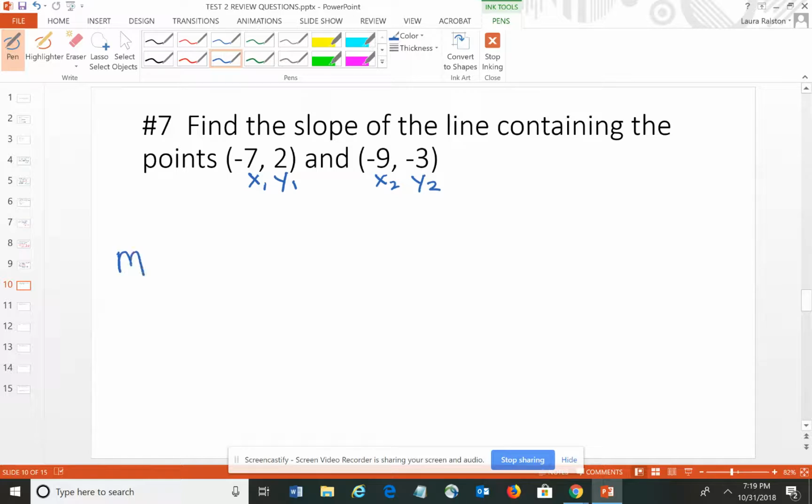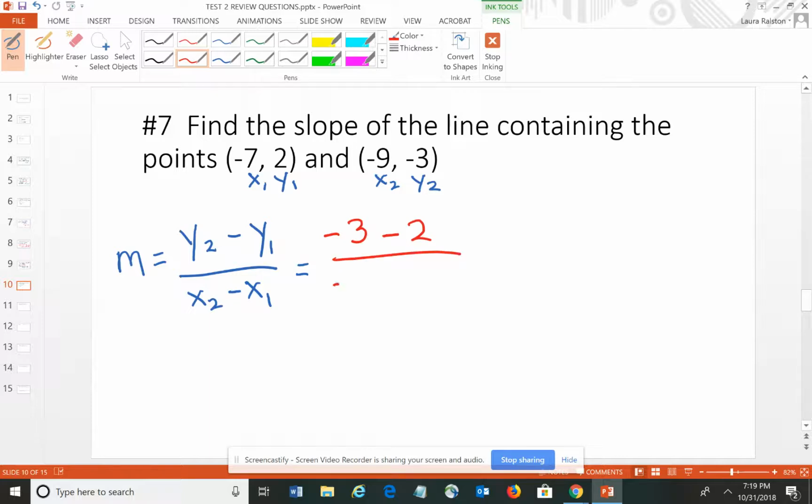Your slope formula, which you should write down and have access to during the test, is y2 minus y1 over x2 minus x1, okay? Basically, it's a plug and chug. Plug the numbers in. So we have negative 3 minus 2 over negative 9 minus negative 7.